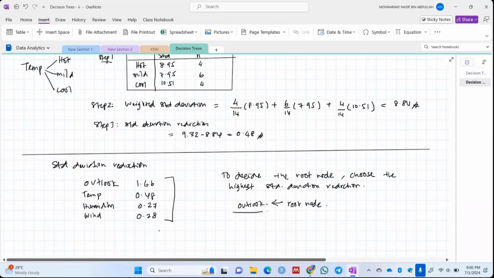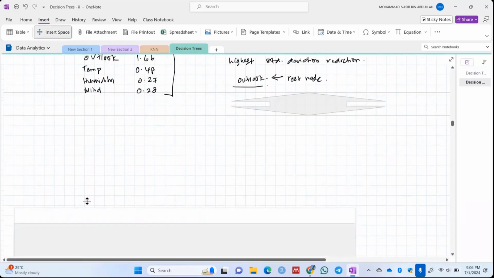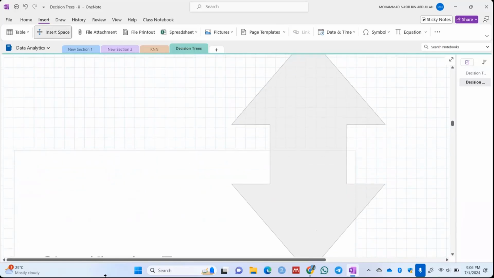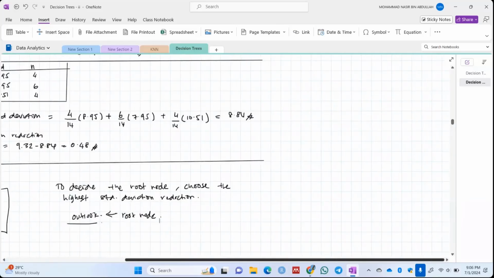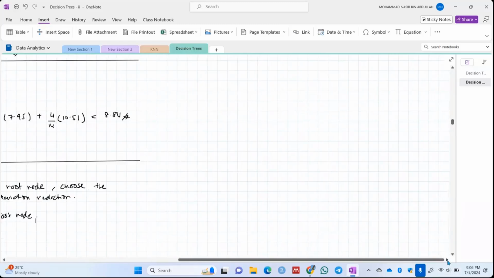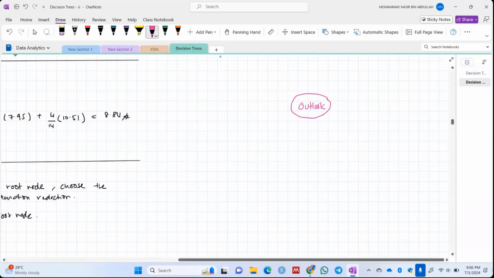So in this case, outlook is going to be our root node. Okay. So now we need to draw the decision tree. This is outlook. Outlook, we have 3 categories.